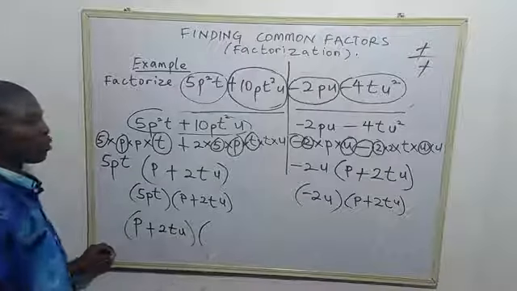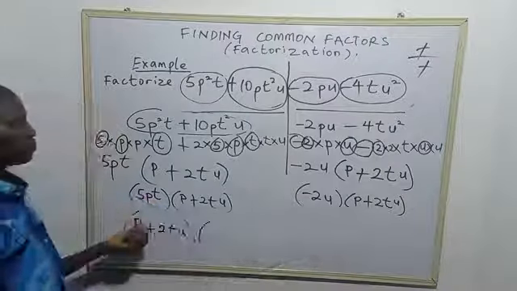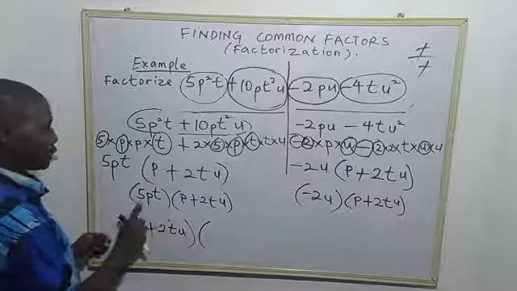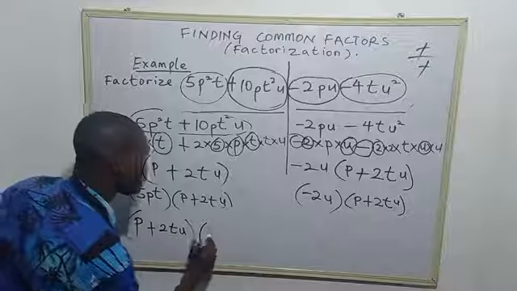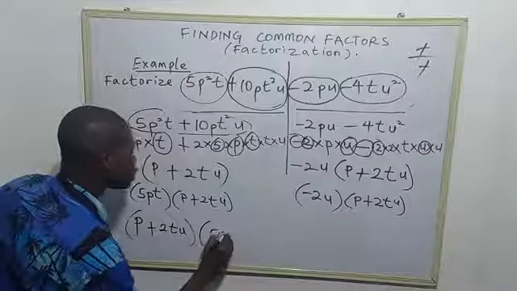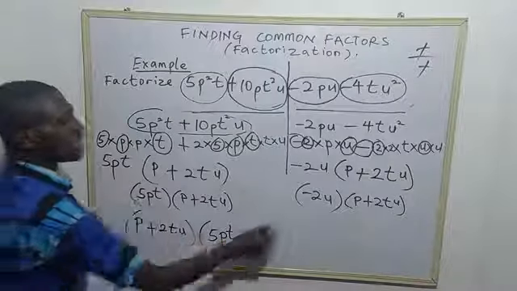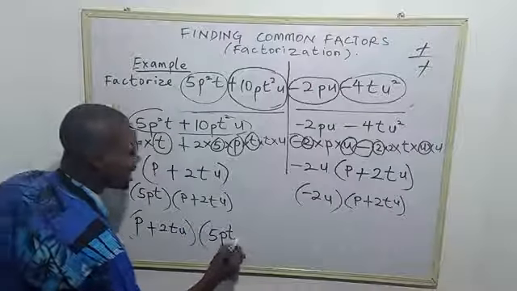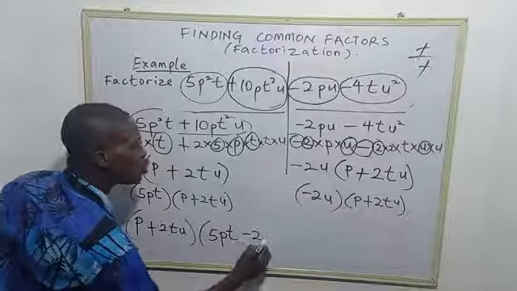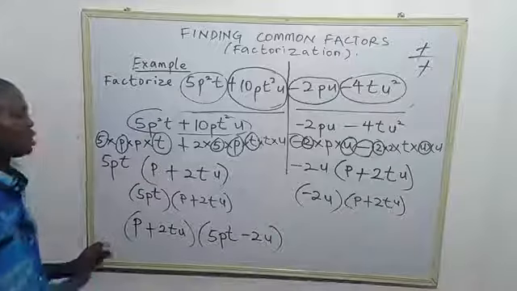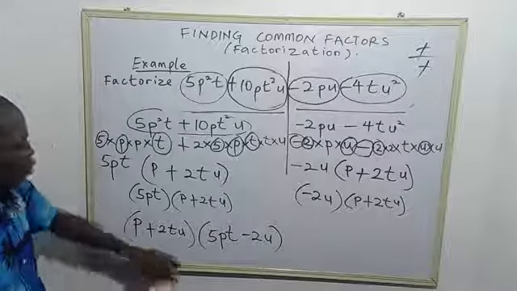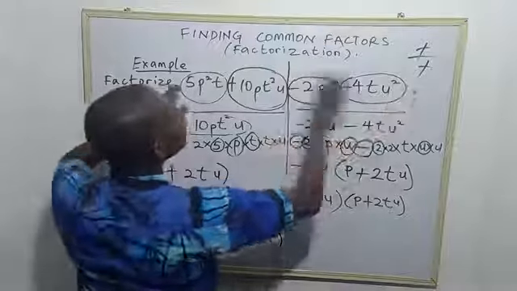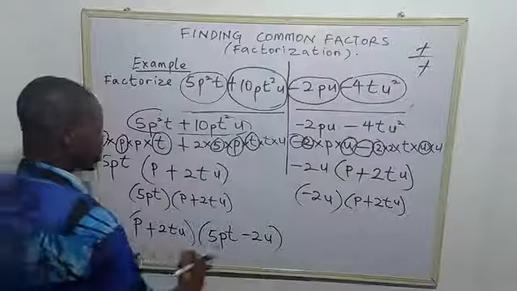Open another bracket for what is left. What is left on this side? 5PT is left. Then this one that is here, bring it. It will be minus 2U. Close it up. So from what we have done now, we've been able to factorize the whole expression.